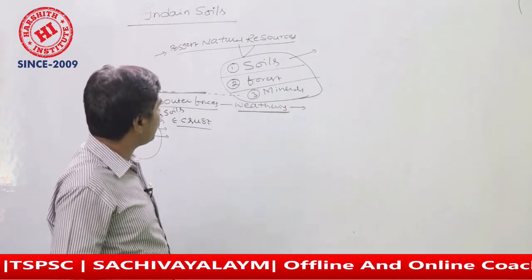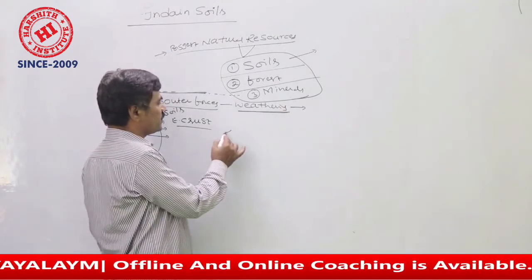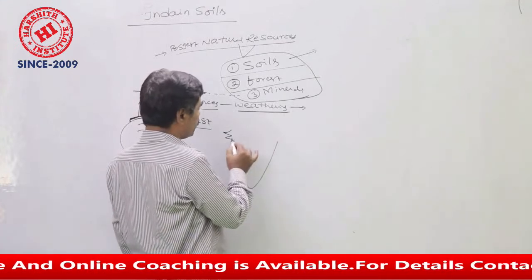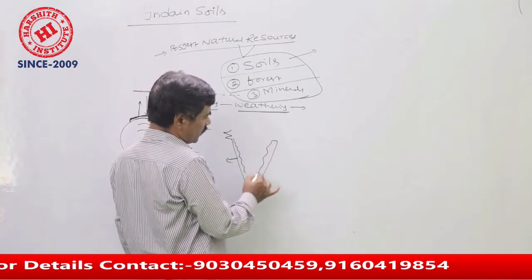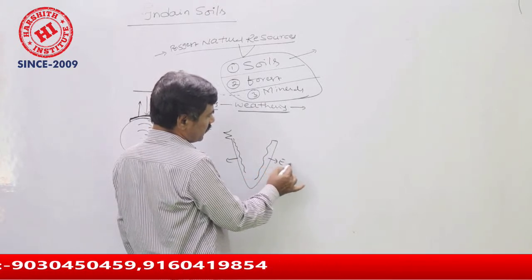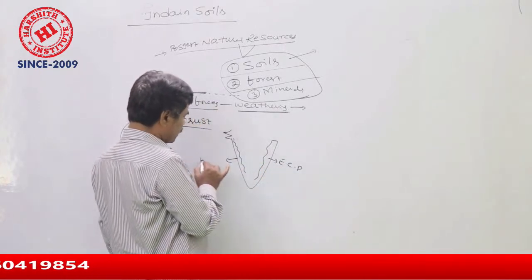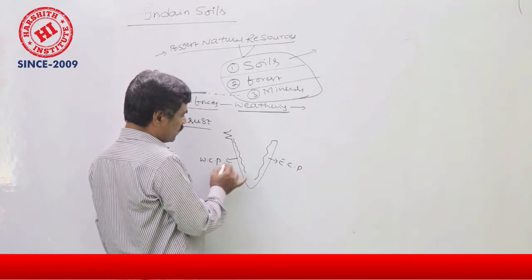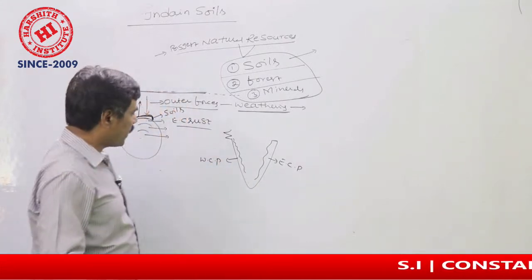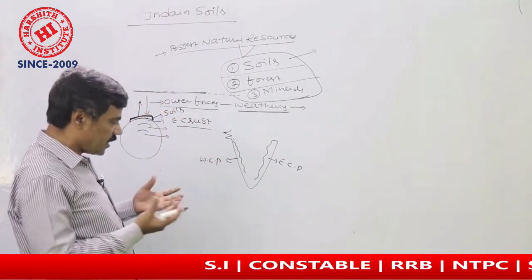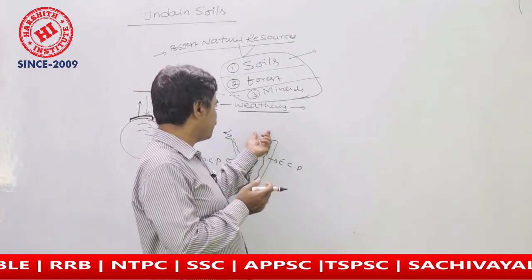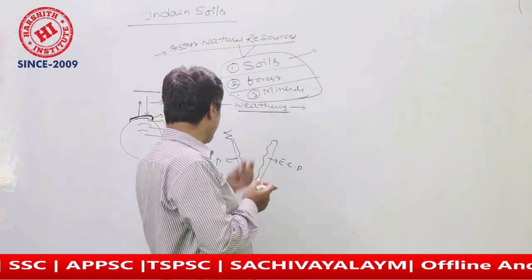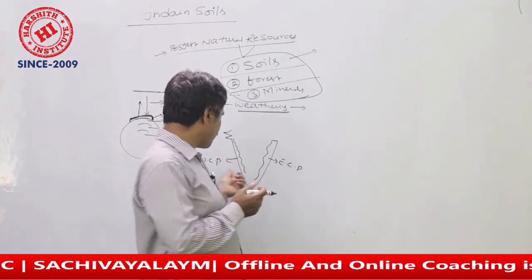The remaining high fertility soil is around the peninsula, in the west coastal plain and also the east coastal plain. Both are coastal plains filled with alluvial soil, which is deposited by the rivers.